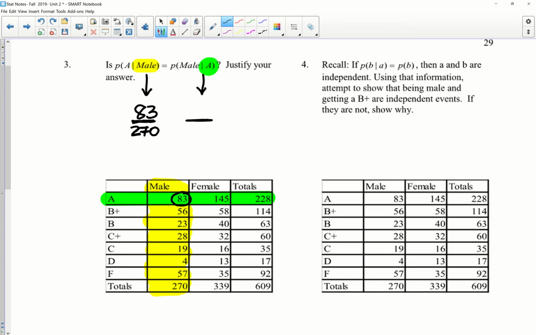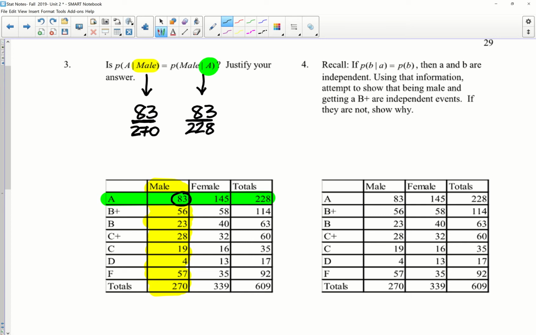So I'm ignoring everything except for what I highlighted in green. Total, 228. The number of males within that category is still 83.